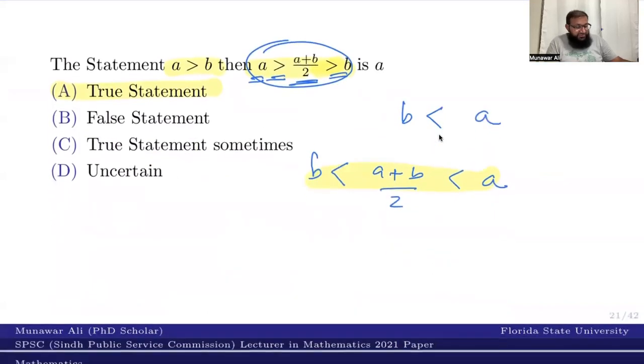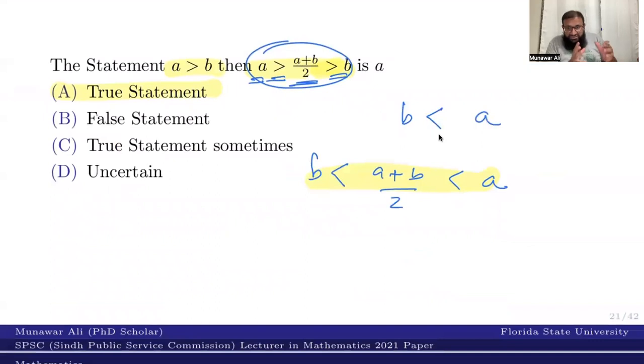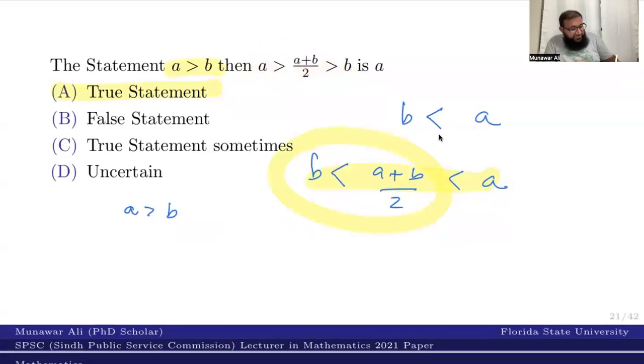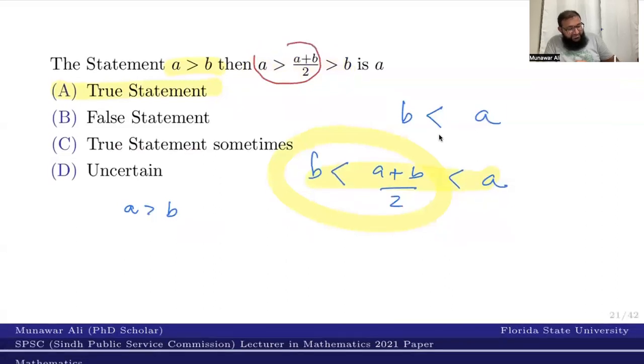Let me give you a hint. You have to prove this in two parts. Take the first part and prove it. You know very well A is greater than B. So what am I doing?